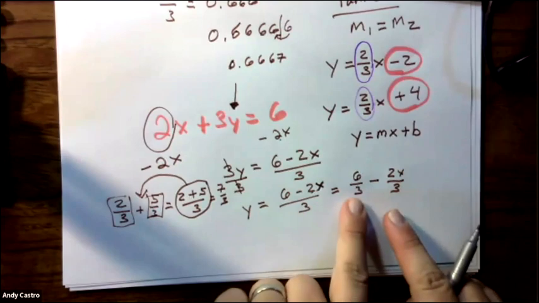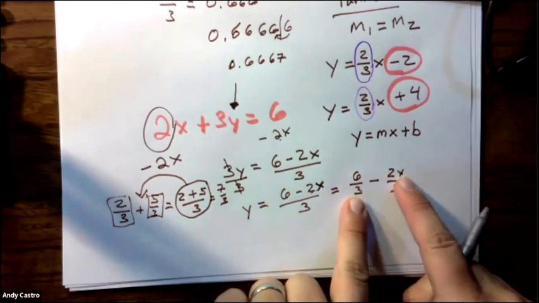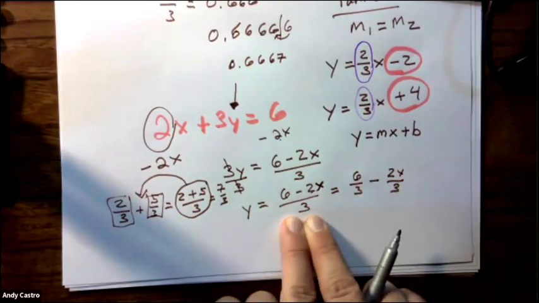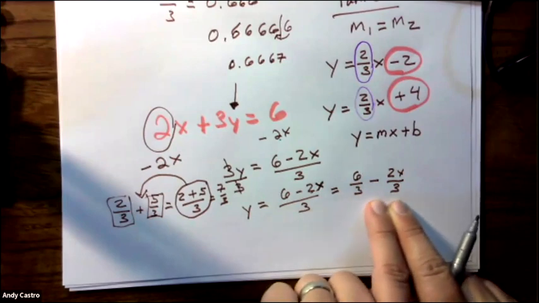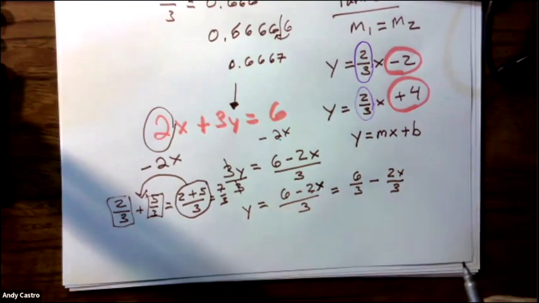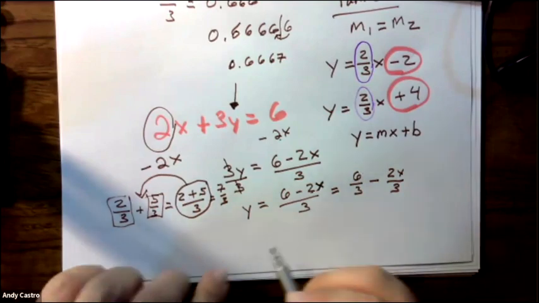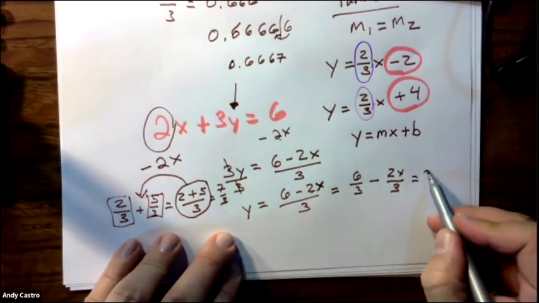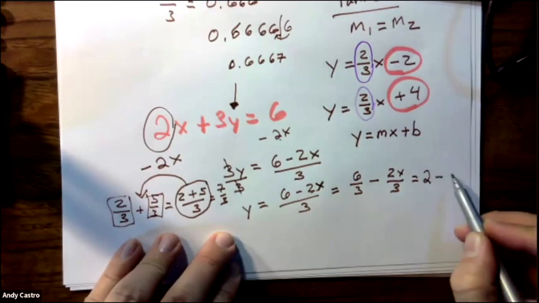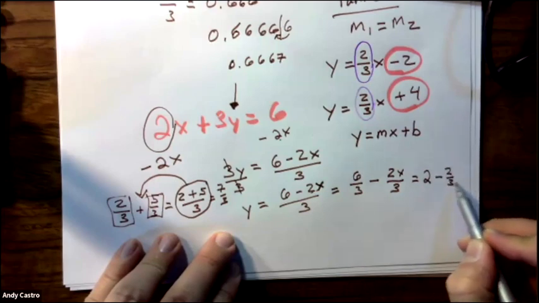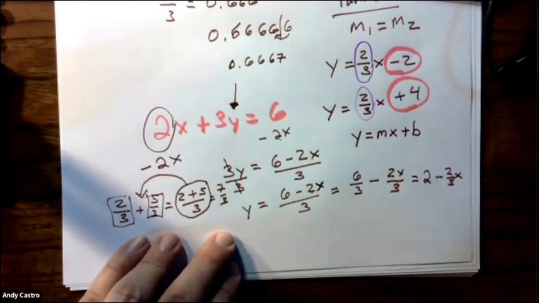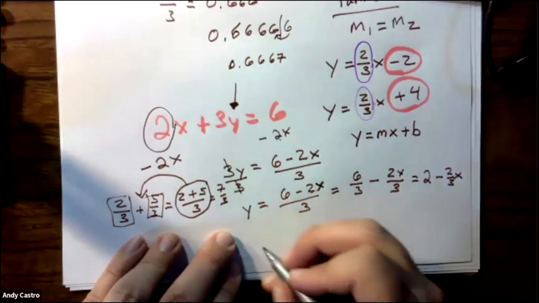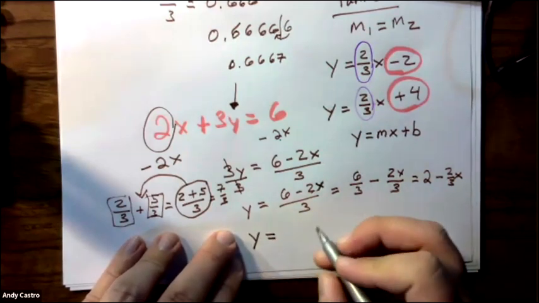And why? Because they have a common denominator, which means I can add the top over one denominator. So I'm kind of working backwards from the common denominator. Okay. Now I've got 6 divided by 3. Well, that's just 2 minus 2/3 x. Okay. You'll notice it's still not in the proper form.